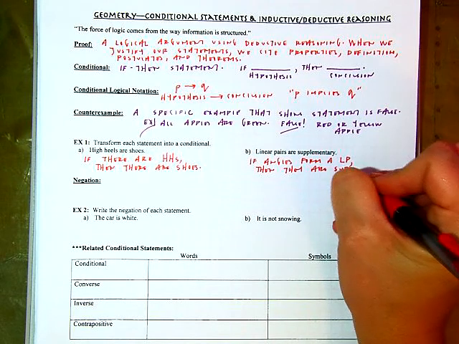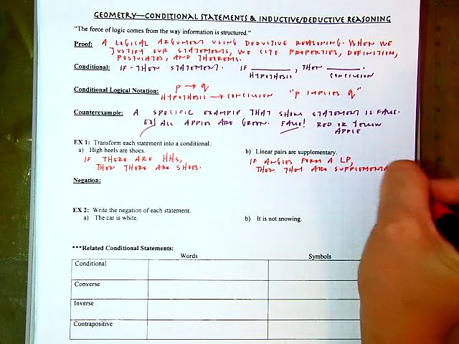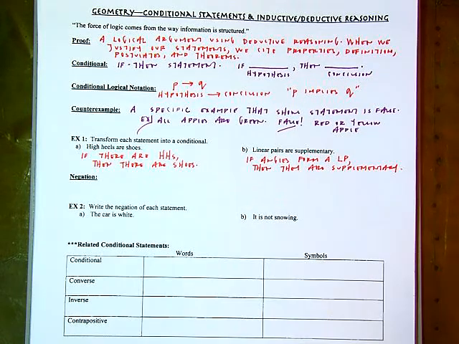We know that supplementary means that their measures add up to 180. Okay, so if angles form a linear pair, then they are supplementary. So we're just paying attention to the structure, the if, the then. If hypothesis, then the conclusion.